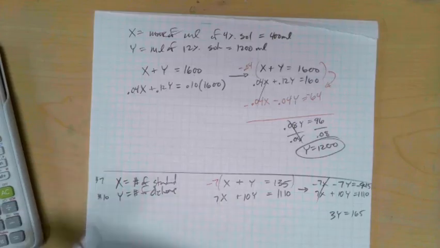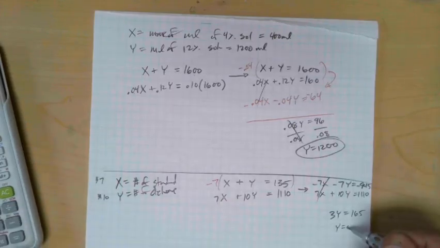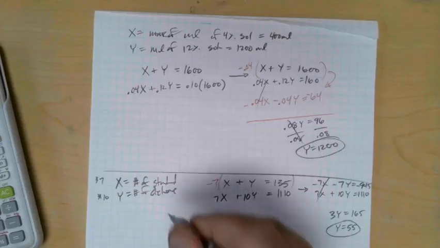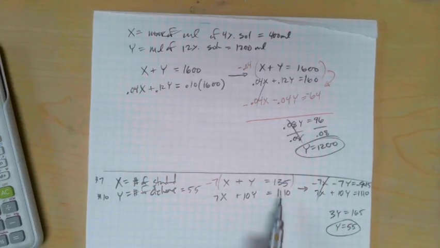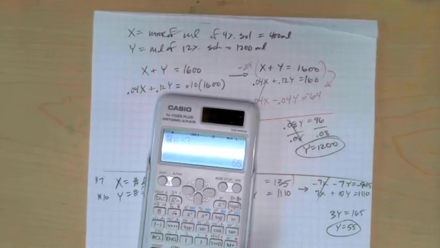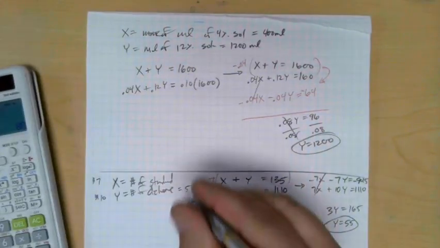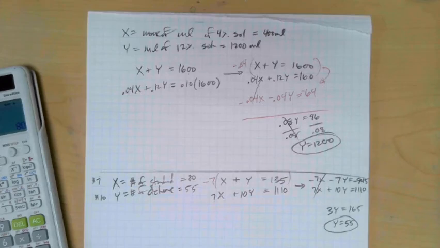Divide that by 3, and I'm going to get 55. Means I sold 55 deluxe boxes. And if I sold 135 total, 135 minus the 55 gives me 80. So this is 80 boxes. Cool. Okay. Now.